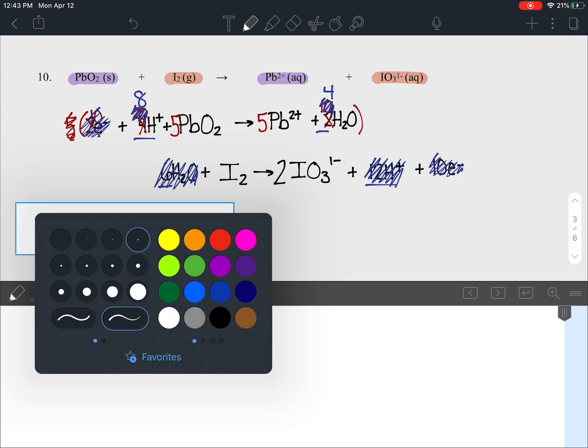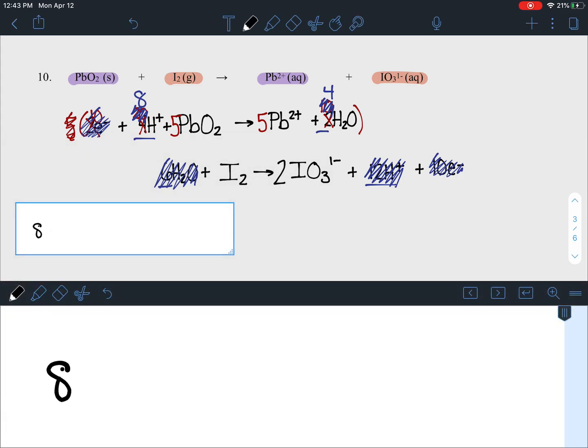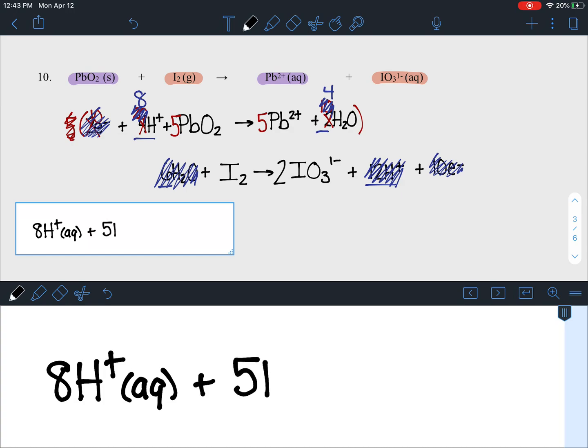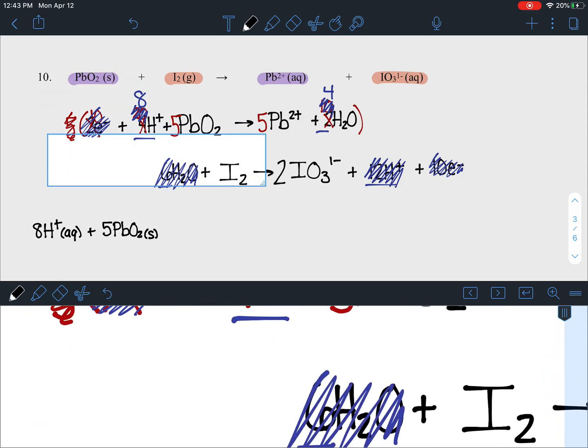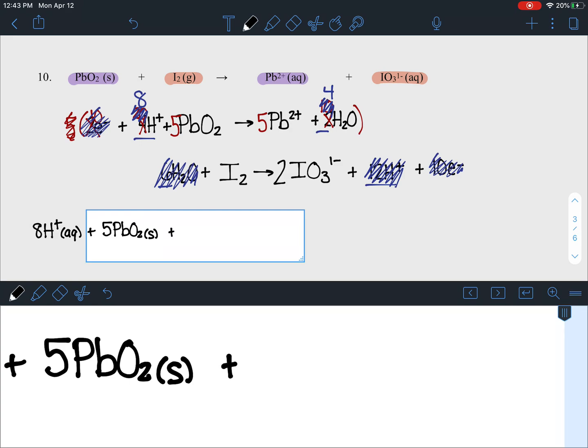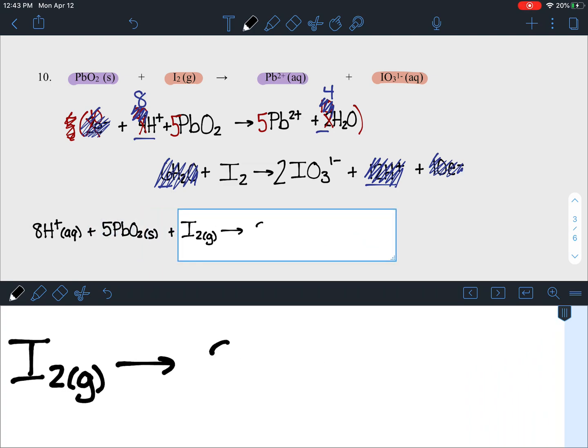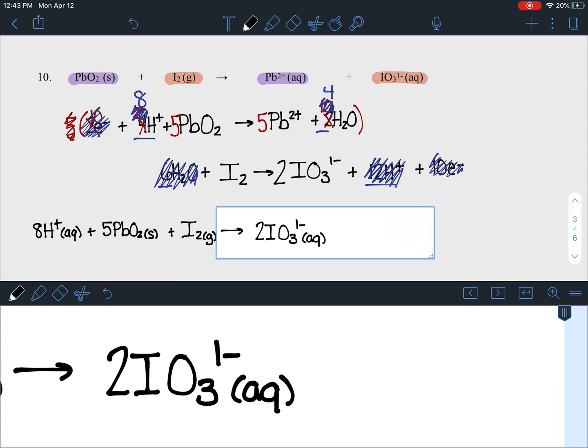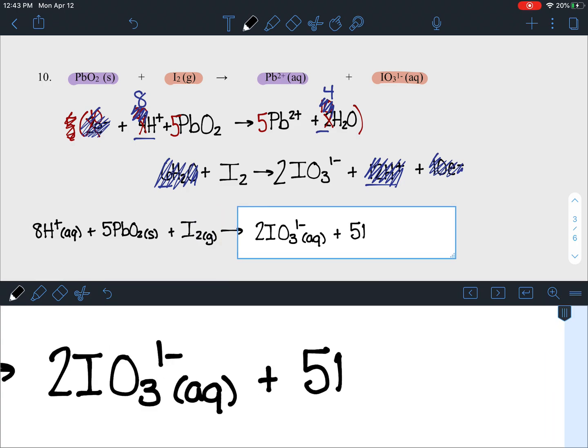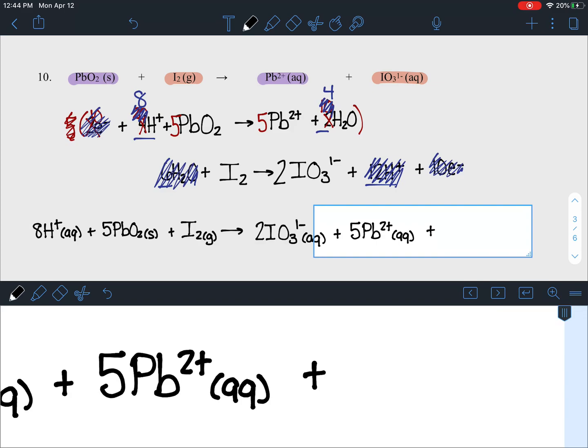So I have 8 H plus aqueous plus 5 PbO2 solid, and I'm getting that from the original information, plus I2 gas gives me 2 IO3 minus, and anything with a charge is going to be aqueous, plus 5 Pb 2 positive aqueous, plus 4 H2O liquid.